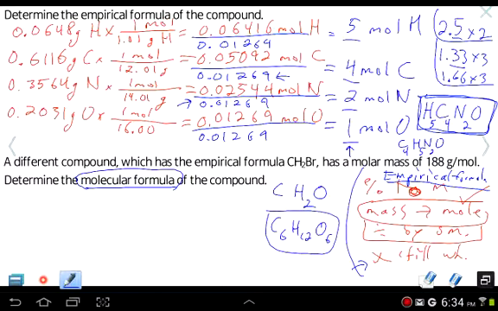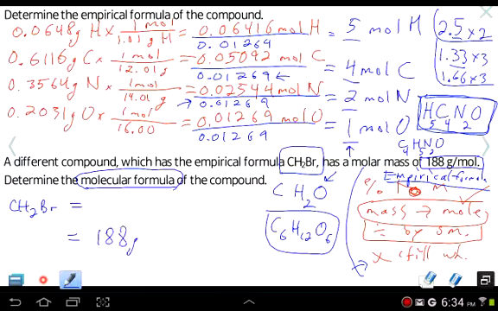The empirical simply shows us the ratio of the atoms. So now we're saying here's the empirical formula, a 1 to 2 to 1 ratio, and the empirical formula's mass is 92 grams, while the real formula has a mass of 188 grams.